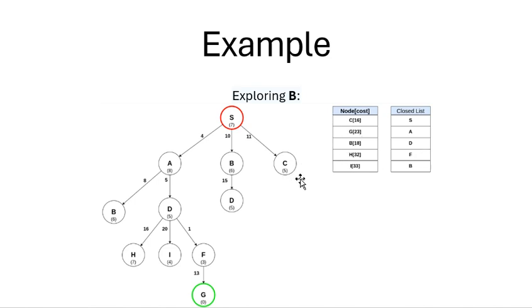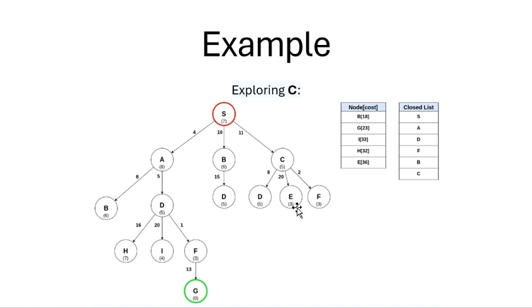Next we can explore C. From C we have three paths, D, E, and F. D and F are already explored, so we don't need to add these paths. But E is unexplored, so we make E part of the open list, which costs around 36.